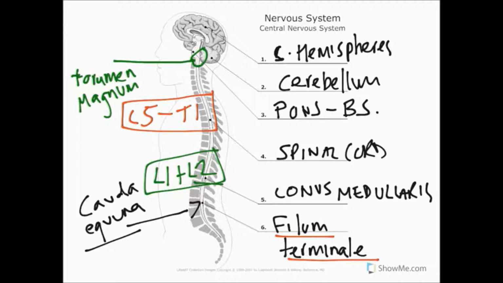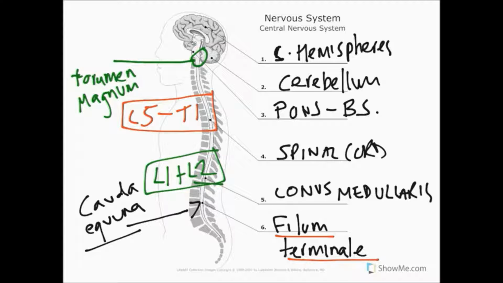And you will learn all the individual roots and trunks, etc., and individual nerves corresponding to the nerves that leave C5 to T1 as the brachial plexus in another practical that you will be having. And that's the cervical enlargement, so it's slightly larger between those regions as those nerve rootlets leave those segments.